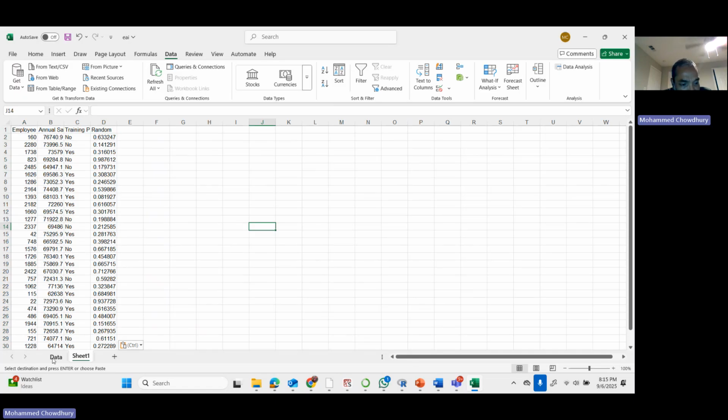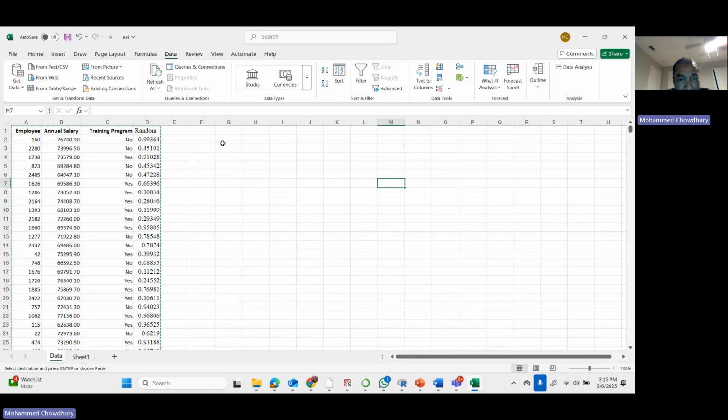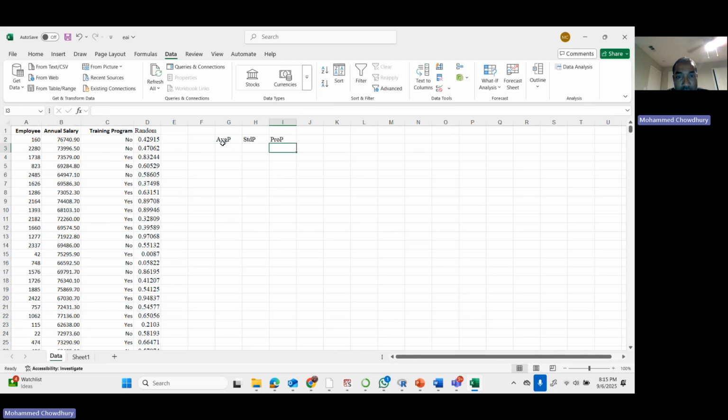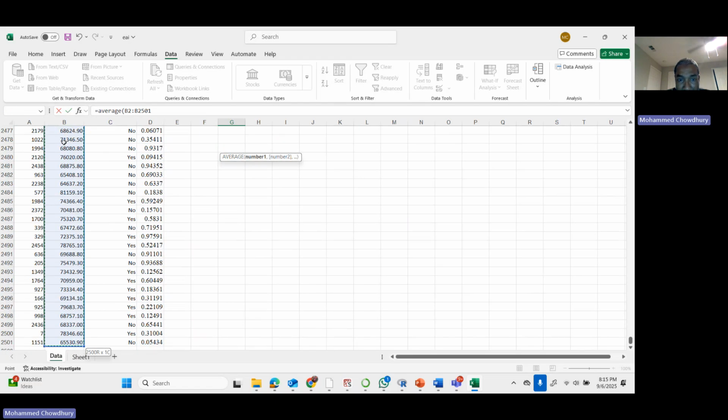From this population, I want to compute the average of the population, the standard deviation of the population, STD, and then the proportion of the population. This is what I want to consider for this data. In order to compute that, I write average and select all the salaries, and I get the average.